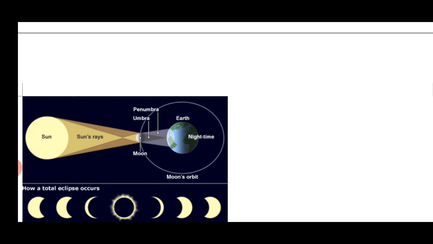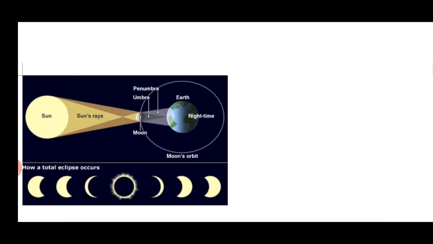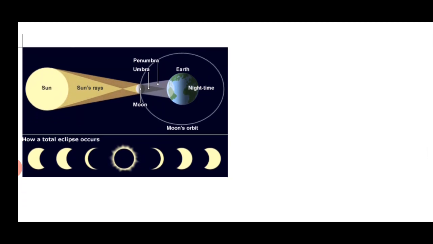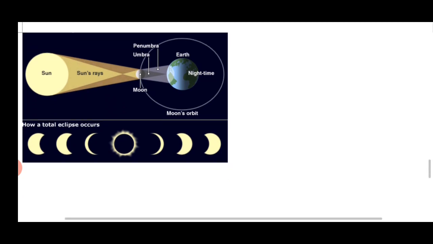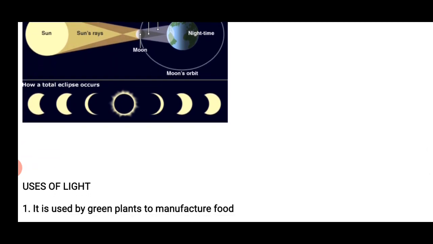You can see the different shapes that will be formed. The middle diagram has places under that circle that are having complete eclipse, that is total darkness, because the whole moon is blocking the light rays from reaching the earth.